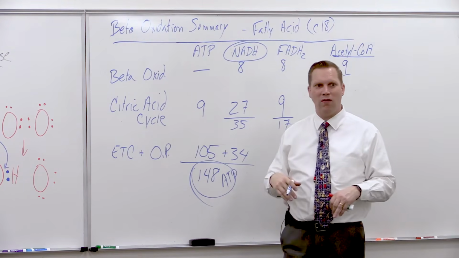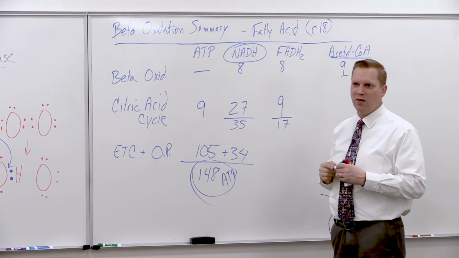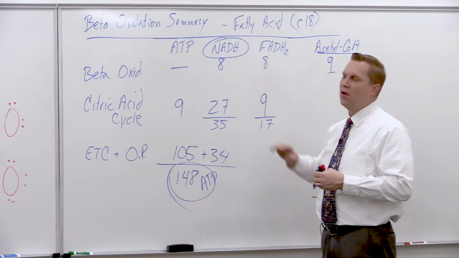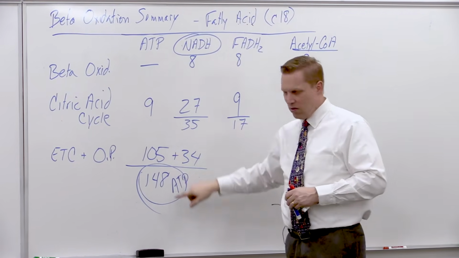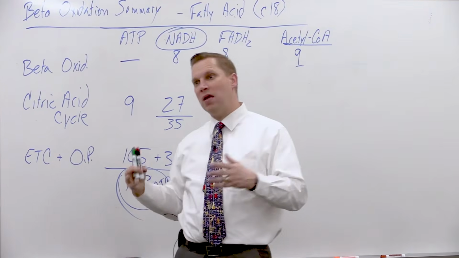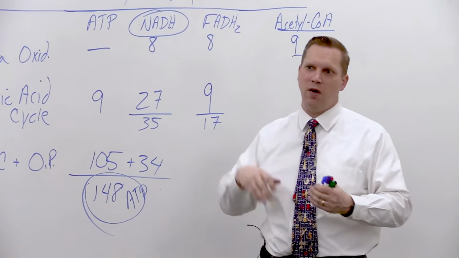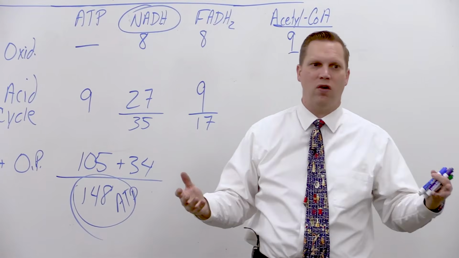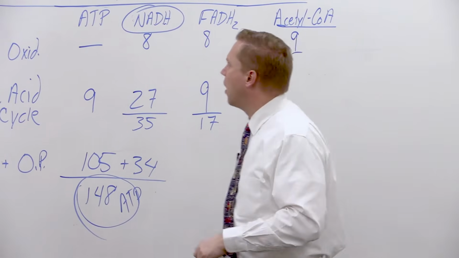It's already got a lot of oxygens on it. Fatty acids have relatively few oxygens on it. So more oxidations, more reductions, more ATP. And that's why fats will often be a better source of energy. If you really need ATP energy, you're better off eating fats than you are sugars because you can get more ATPs out of it.